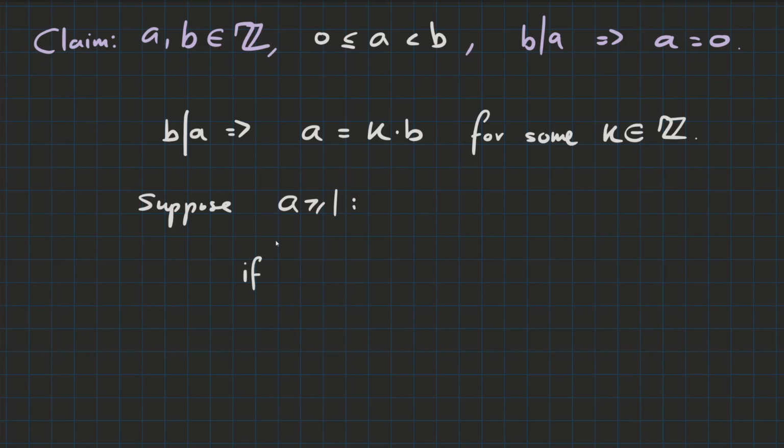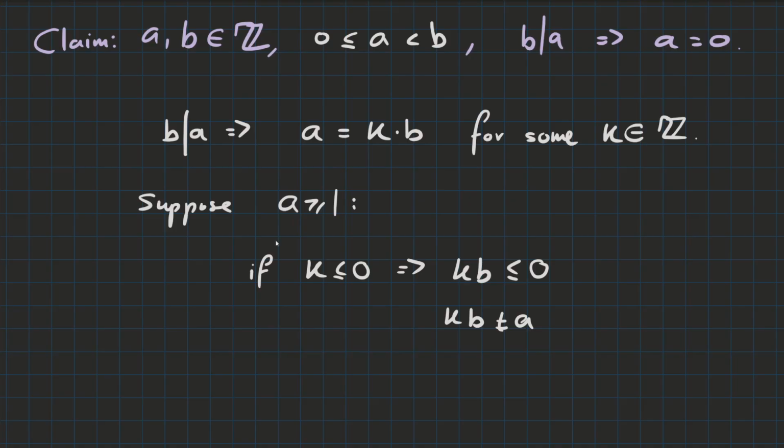Our plan here is to show that there's no choice for K. So if K is negative or 0, non-positive, then we have that KB is also non-positive.